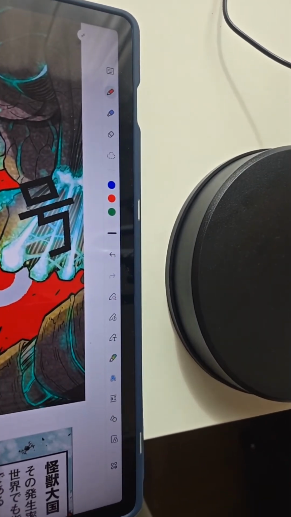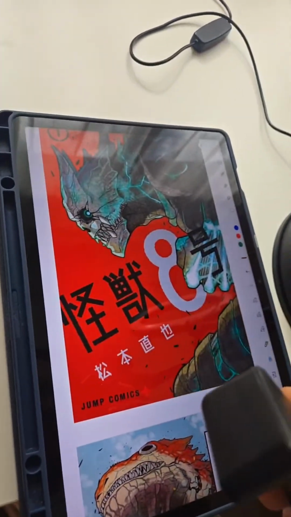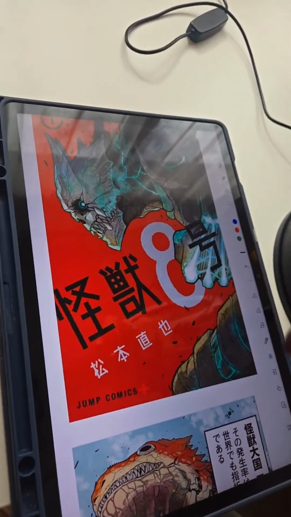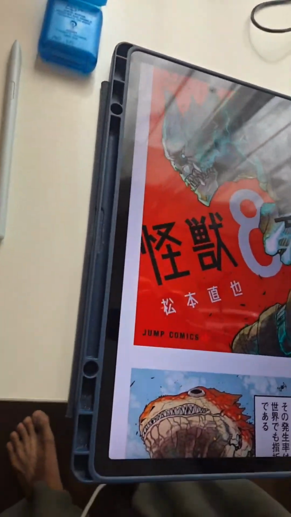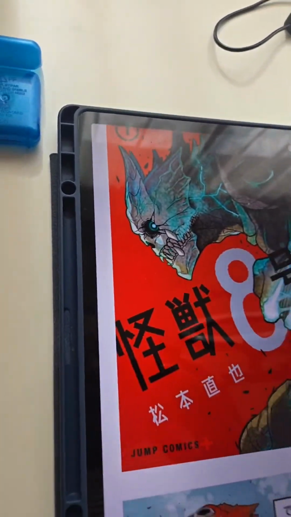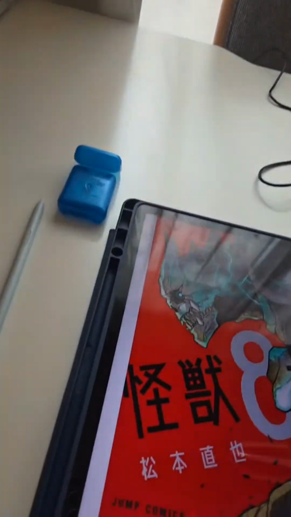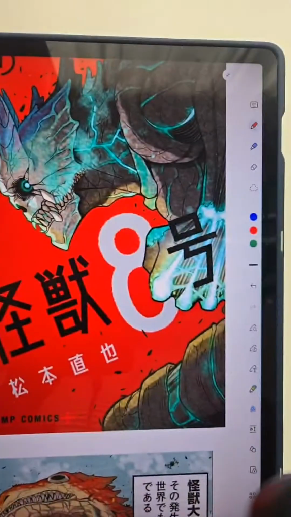Device back. Alright, sorry guys, let me just try to adjust this. Gonna translate the manga Kaiju 8号. Let me see. Okay.